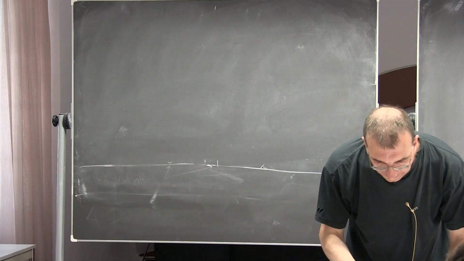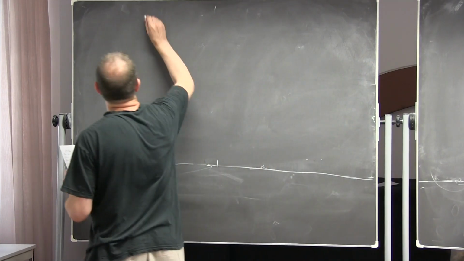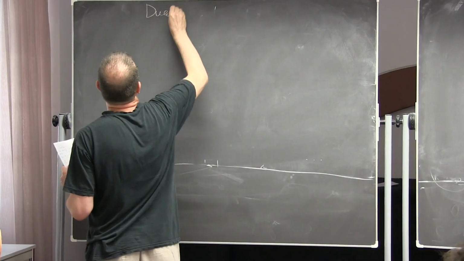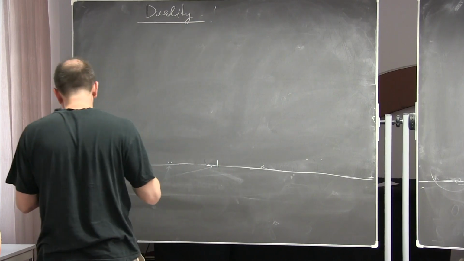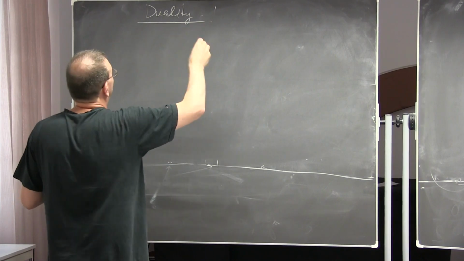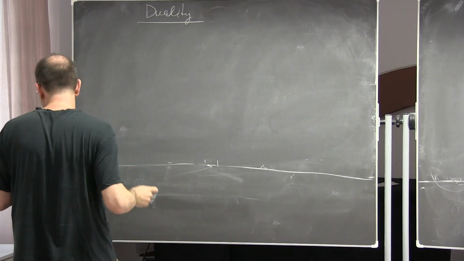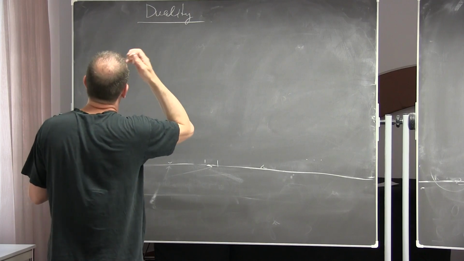So, duality. We can view duality as a map, as an isomorphism if you want, between two sets of variables describing the same object.